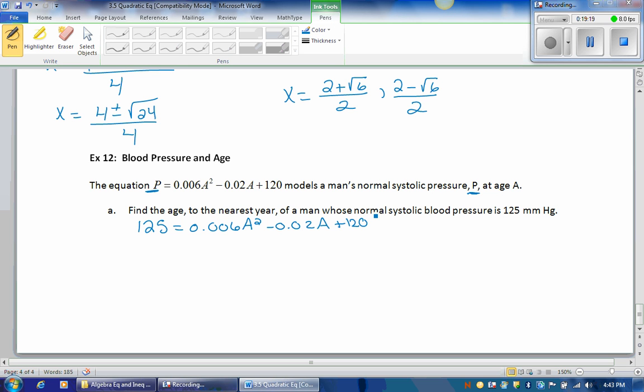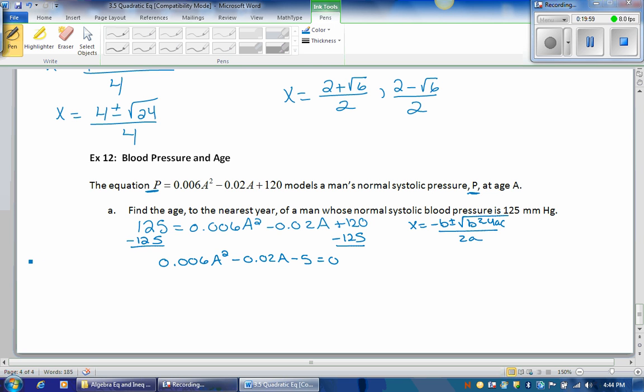So the next thing I need to do is get this set equal to 0. I need to solve this, but in order to solve it I need to get it set equal to 0 first so I can use the quadratic formula. So we need to move this 125 over. Now I can use my quadratic formula to solve.